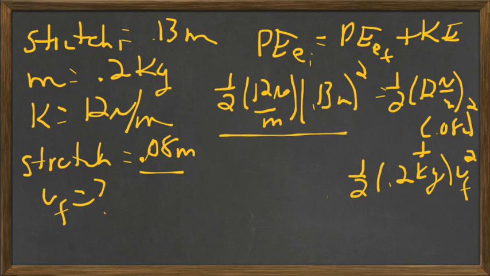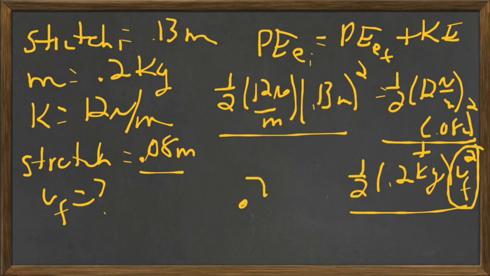Elastic potential energy to start, elastic potential energy as it moves upward at a certain point. It also has some kinetic energy, and again, I have to remember, don't forget to take the square root of the velocity at the very end. And you wind up getting 0.79 meters per second.